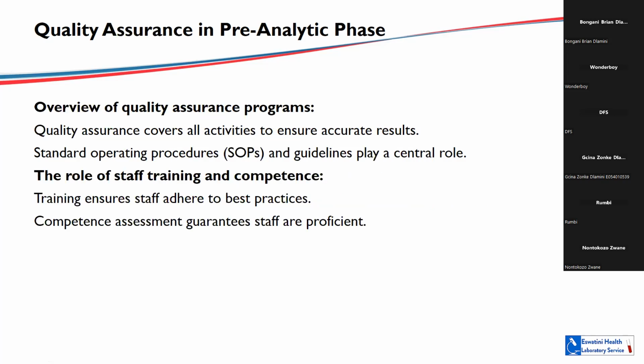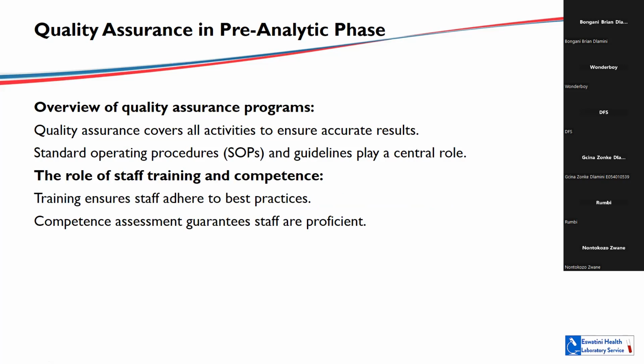Okay, so the overview of the quality assurance programs. As we have talked about quality control and quality assurance, it's important. Quality assurance covers all the activities to ensure the accuracy of our test results. We do have SOPs, the standard operating procedures and guidelines, and they play a central role.